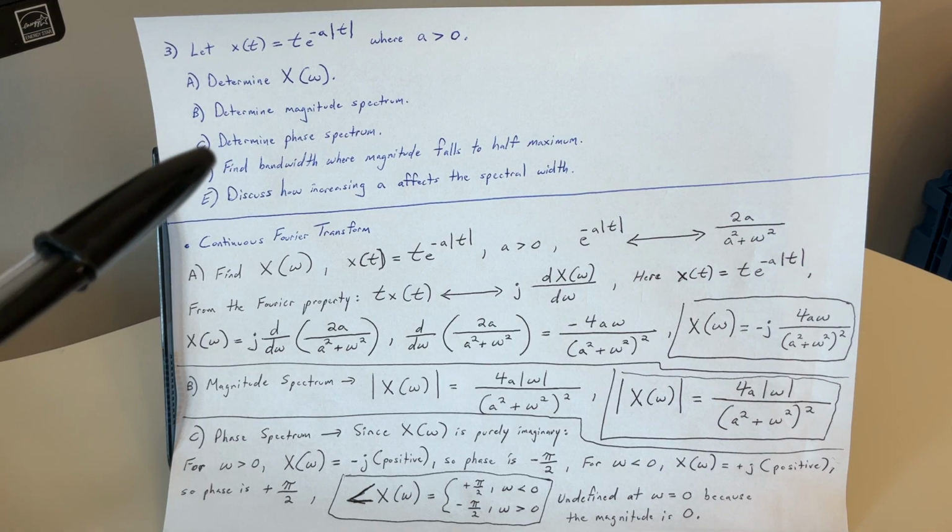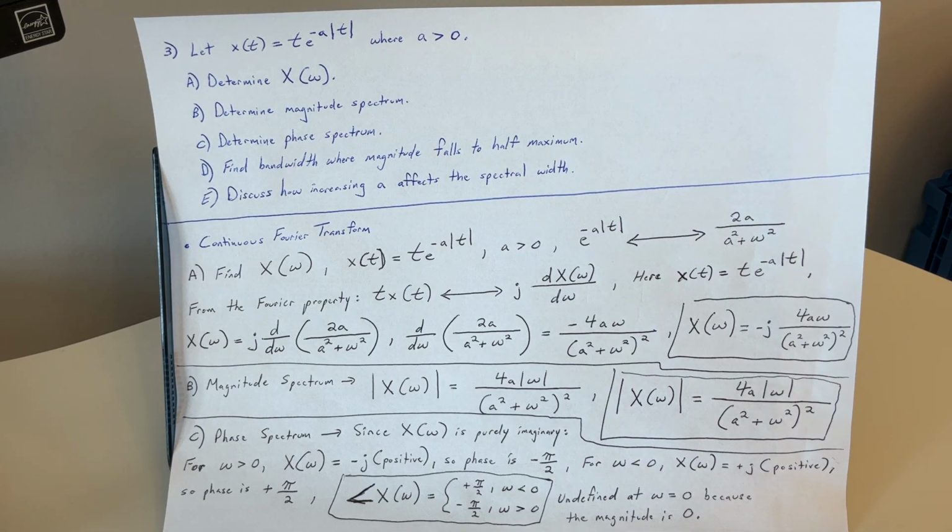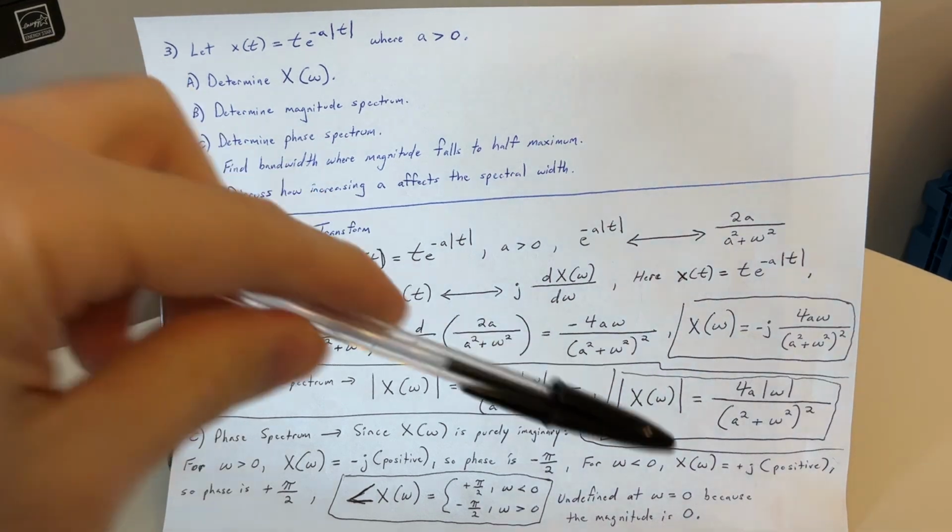For part C, determine the phase spectrum. Since X of omega is purely imaginary, for omega greater than 0, X of omega equals negative j times a positive value. So the phase is negative pi over 2. For omega less than 0, X of omega equals positive j times a positive value.